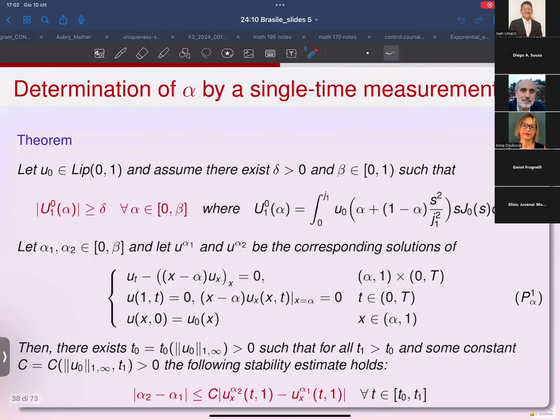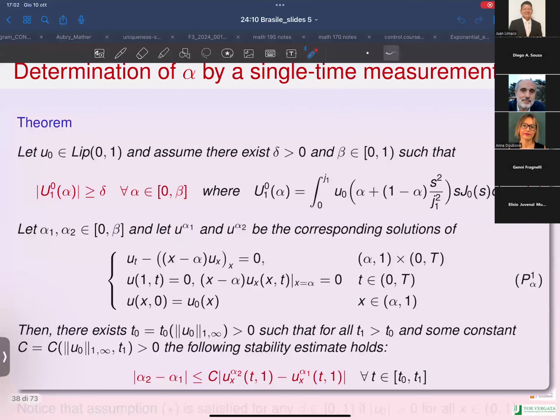Then, for t sufficiently large, there exists t0 such that after t0 you have uniqueness of alpha, and in fact you can bound the absolute value of the difference between the two alphas by the absolute value of the normal derivatives of the corresponding solutions at time t, for all t in some compact interval placed after this time t0.